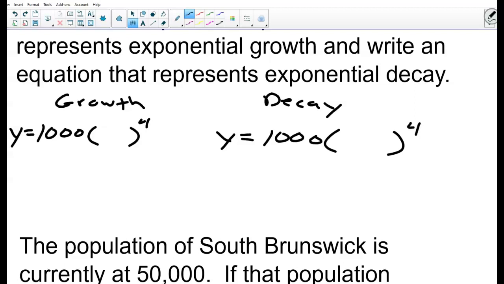When it's growth, it's always bigger than 1. And when it's decay, it's less than 1. All those numbers are made up there. But I know if I have growth, it's going to be 1 point something. And if I have decay, it's going to be point something. It's going to be less than 1.